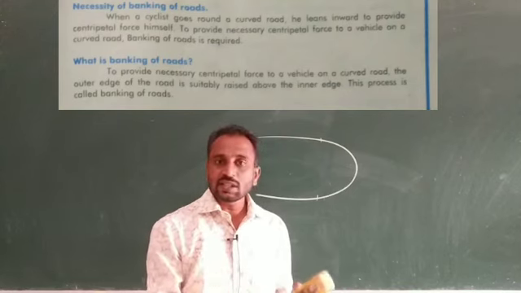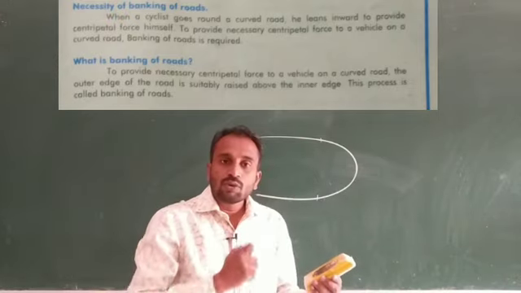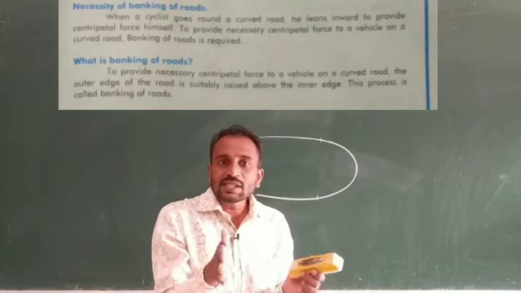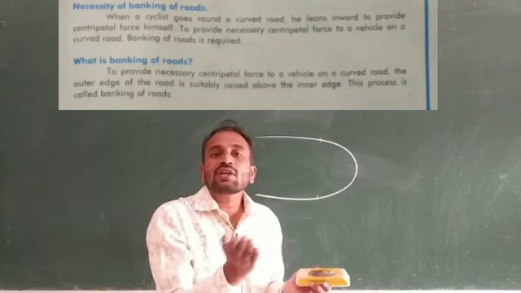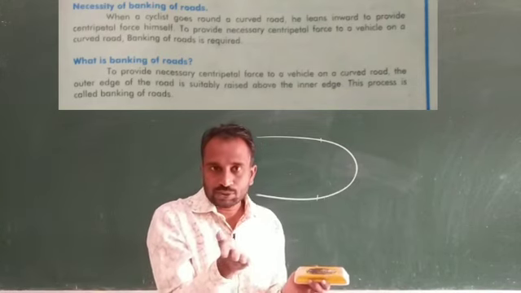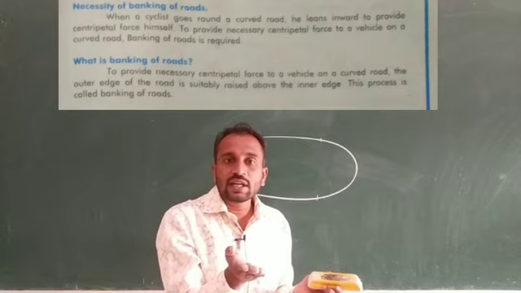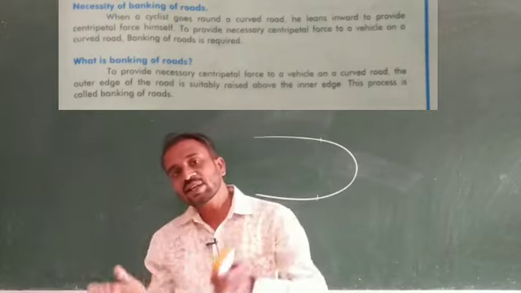Suppose a cyclist is present on a curved path. The cyclist slightly bends the cycle because it requires centripetal force. You already know that the direction of centripetal force is towards the center of a circle.